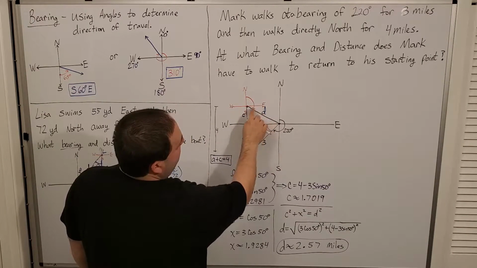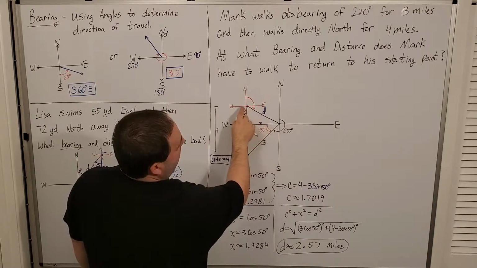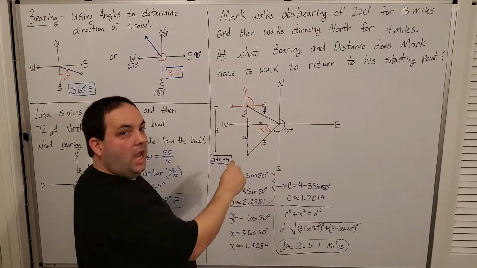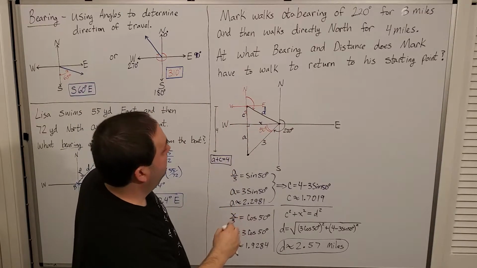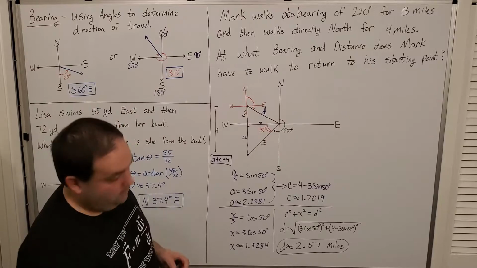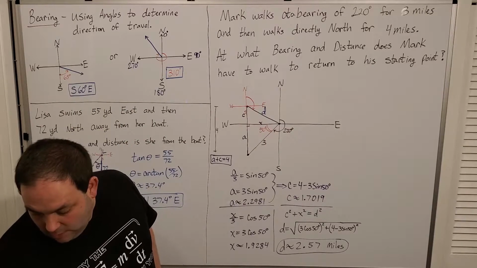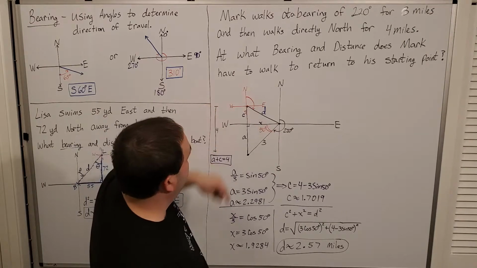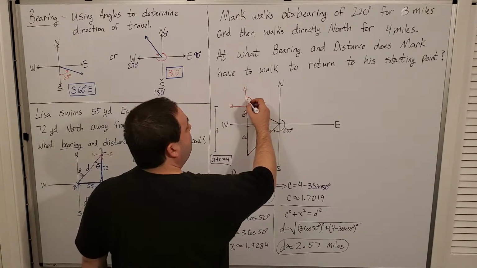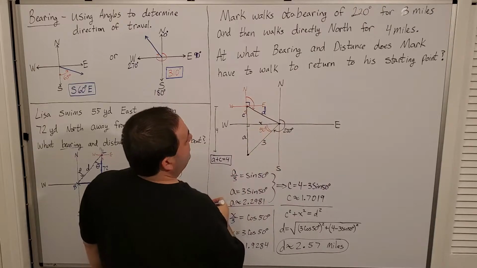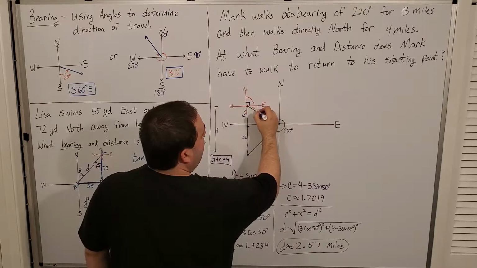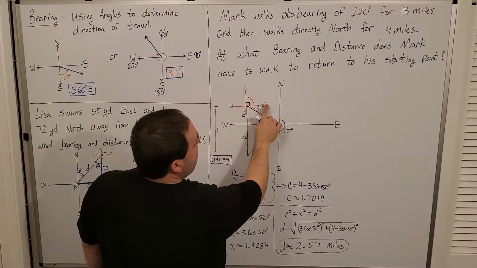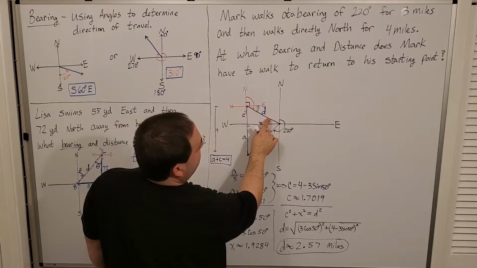And you'll notice it's between the east and south lines here, so it's going to be bigger than 90 degrees. Here's the thing. I'm actually only going to calculate one little piece of it, and then I'm going to add the 90 here, because I already know that it's 90 degrees between north and east. What I need to calculate is the angle between the east line and the direction.